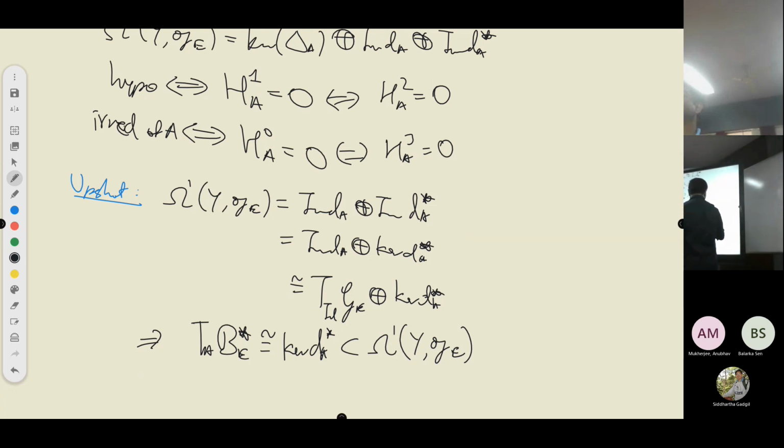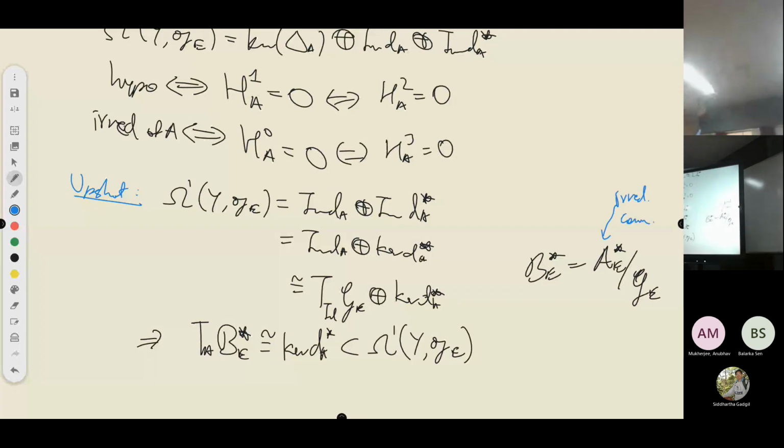So BE star is AE star mod gauge, and so AE star are the irreducible ones. Irreducible but not necessarily flat, is it? Yeah, not necessarily flat.